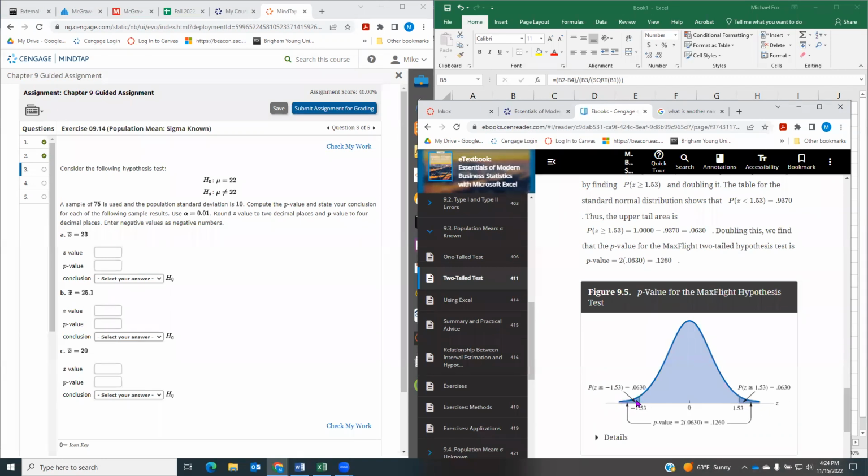So these two regions here are the regions in which we would reject the null hypothesis. Because on a two-tailed test, we're not just saying, did it get smaller or did it get larger? We're saying, did it either get smaller or larger? Did it get far enough away from the mean in either direction that we have an issue?